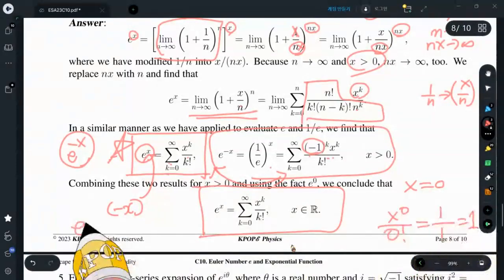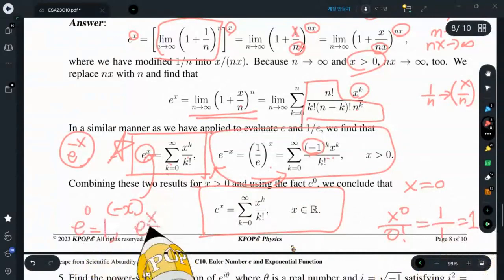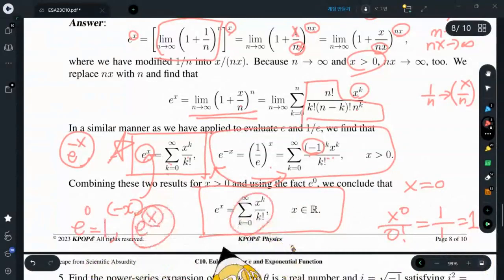So exponential 0 is 1, and whatever real number you may bring in, the exponential function can always be expressed as an infinite series. This is very important.